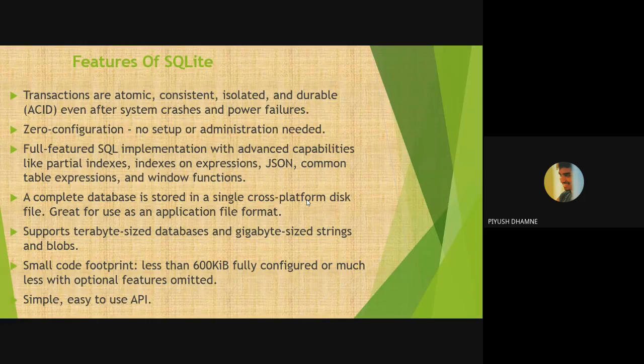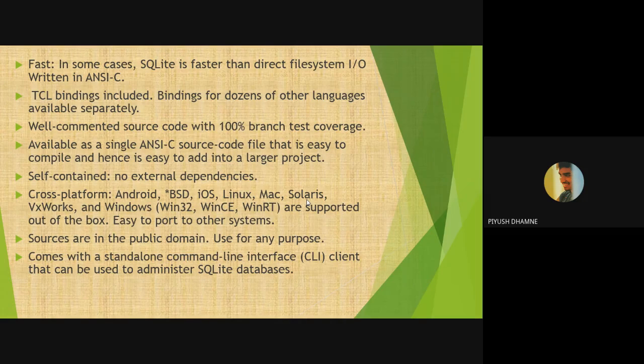Small code footprint, less than 600 KiB fully configured, or much less with optional features omitted. Simple, easy-to-use API. Fast. In some cases, SQLite is faster than the direct file system.